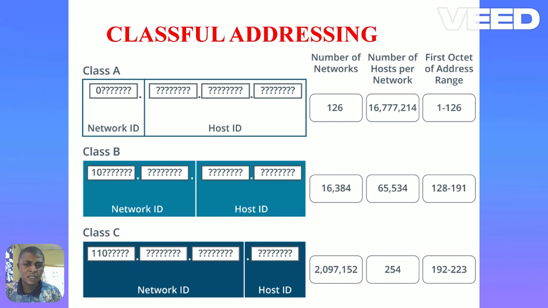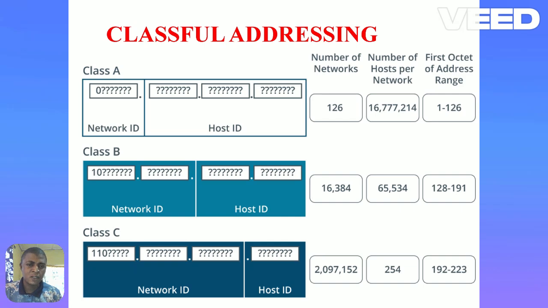Now we have the class B, which has the network ID and the host ID. They are almost equal. So the number of networks is 16,384, and the number of hosts per network is 65,534, while the range starts from 128 to 191.